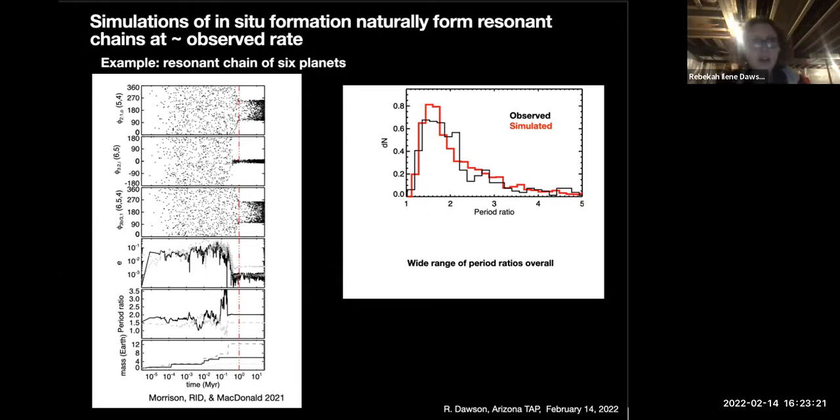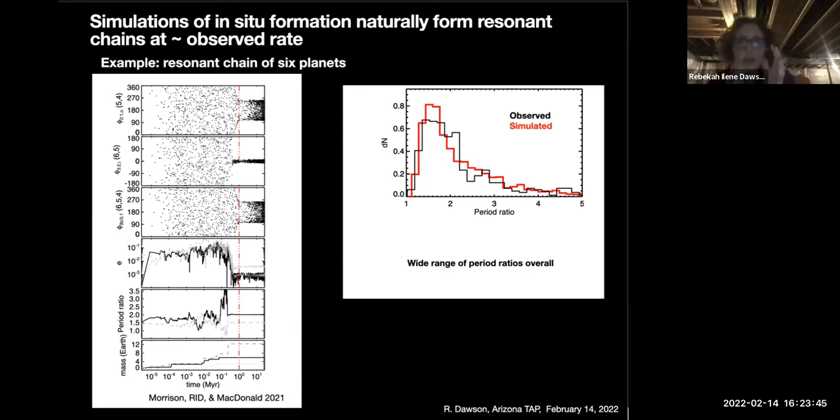So we find with these in situ formation simulations that we sometimes do make systems with resonant chains. For example, we looked through our simulations and found systems that had resonant chains, including one with a chain of 6 planets, kind of like that TRAPPIST system. And the rate of us making resonant planets was about similar to what's observed, with the caveat that the observed is very small number statistics.